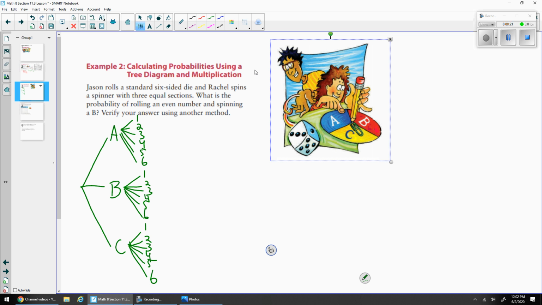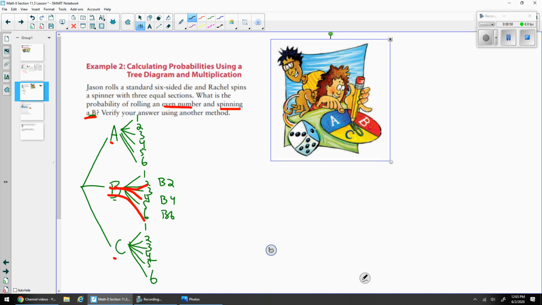So we're trying to find the probability of rolling an even number and spinning a B. So a B with an even number would be B2, B4, or B6. So those are the 3 favorable outcomes, the ones where we roll an even number and we spin a B. With all the other ones, we spin an A or we spin a C, so not favorable.